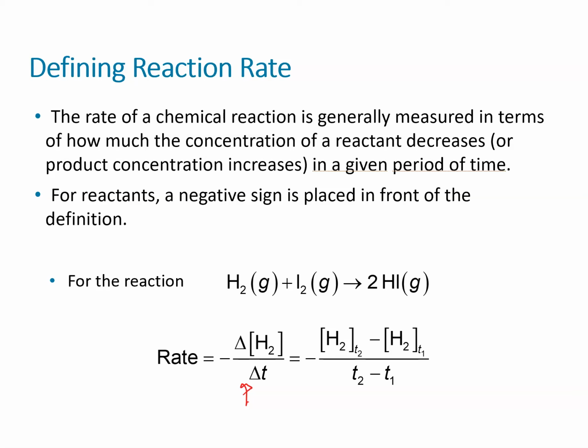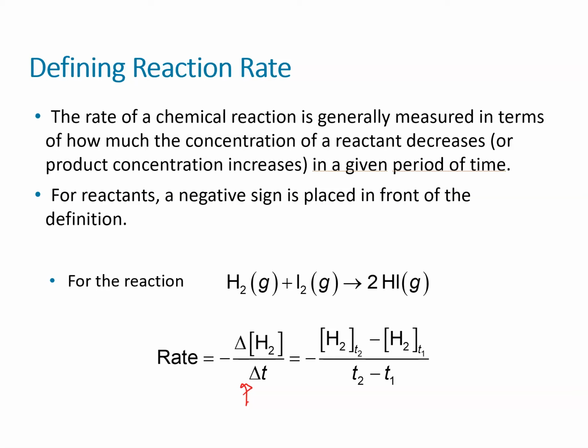And if we wanted to quantify this, if we had two data points and we were interested in looking at the average rate of change over time, what we would do is we would take the concentration of the hydrogen gas at time point 2 minus the hydrogen gas concentration at time point 1, and then we would also look at the delta between time point 2 and time point 1.